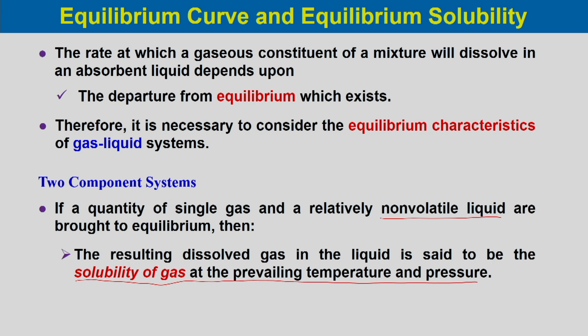Once the solute gas and the non-volatile liquid solvent are in contact, kept in an enclosure at a particular temperature and pressure, and they reach equilibrium, the amount of gas which will be dissolved in the liquid phase is called the solubility of that gas.